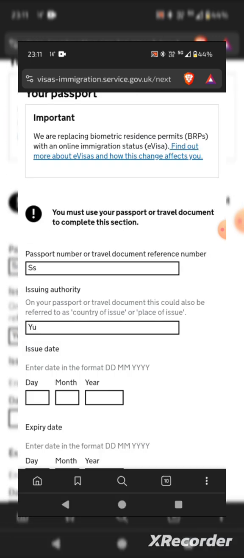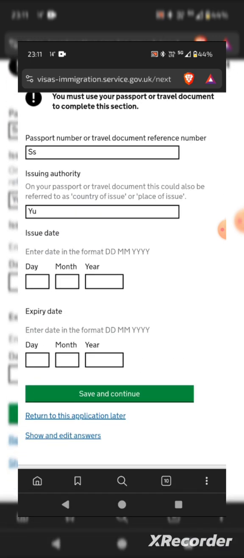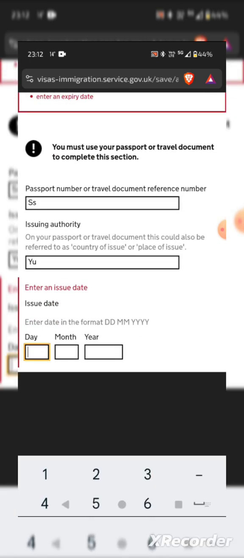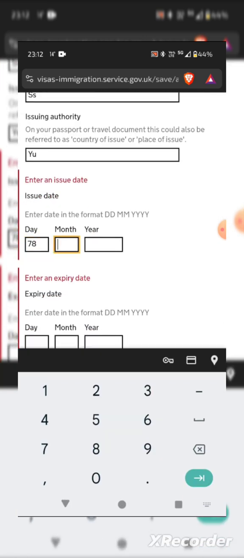So you put in the date that it was issued, the date it will expire. I need to put it. They won't let me continue until I put it.